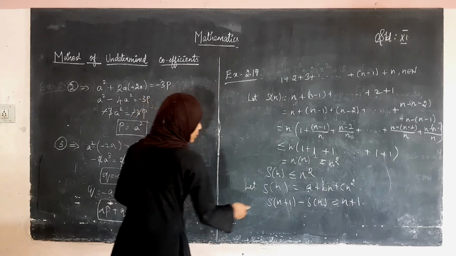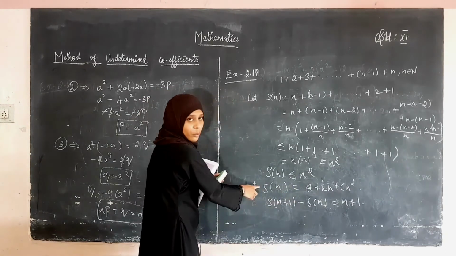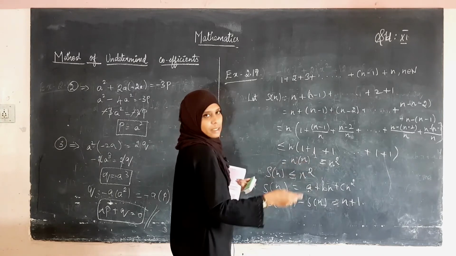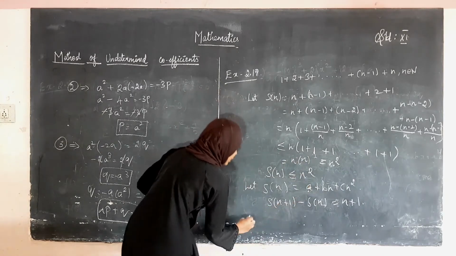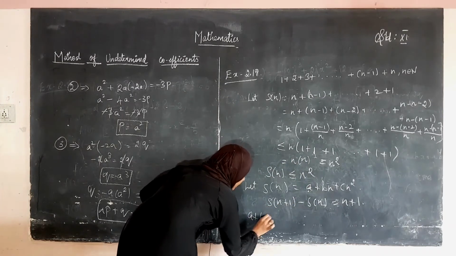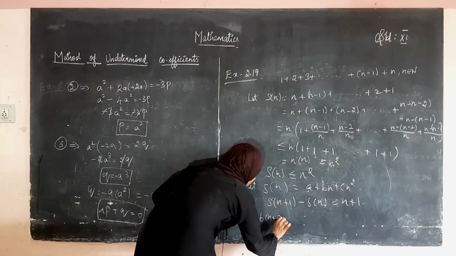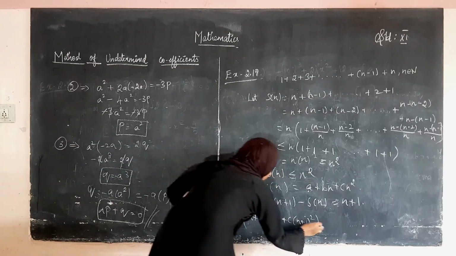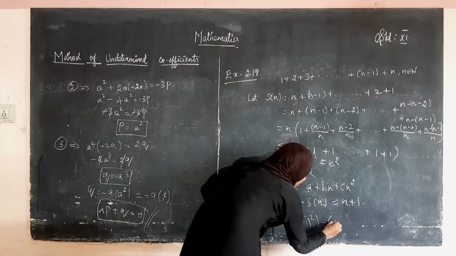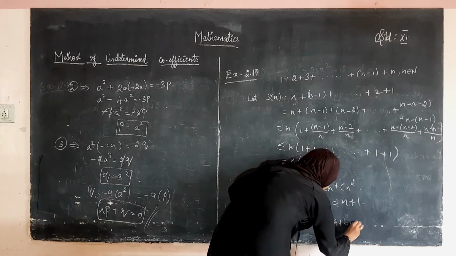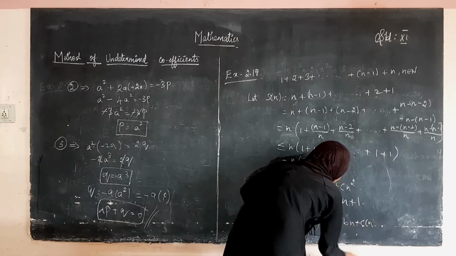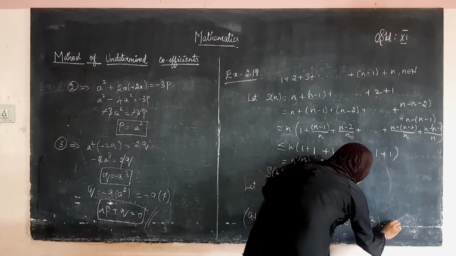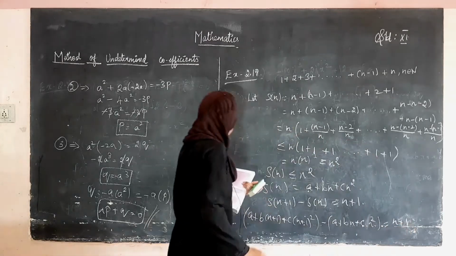Now, substitute the values. What we have taken: S of n is equal to a plus bn plus c into n square. Instead of n, substitute these values: a plus b into n plus 1 plus c into n plus 1 the whole squared, minus S of n, which is a plus bn plus c into n squared, is equal to n plus 1.